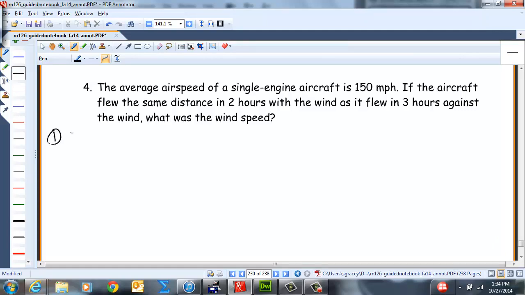So let's check it out. So distance equals, great, rate times time. So let's see, if we let x be the rate of the wind, because that's what we're wanting to find.